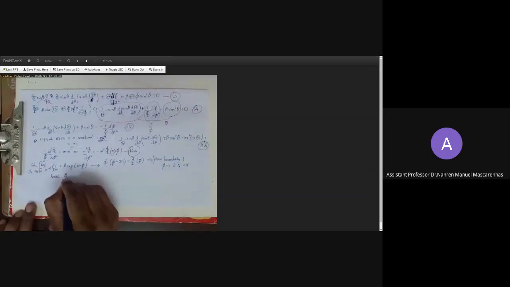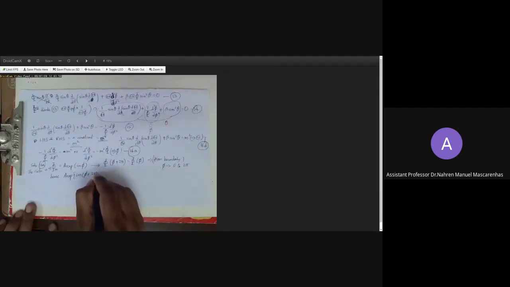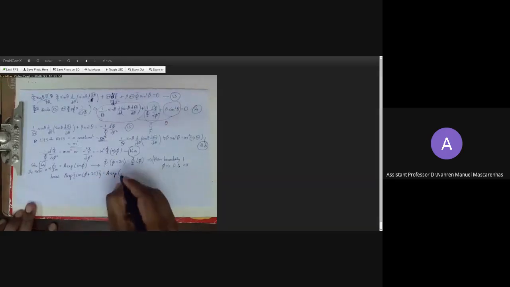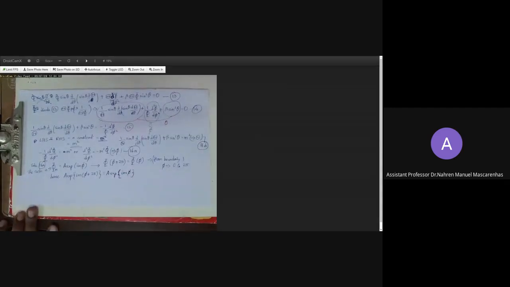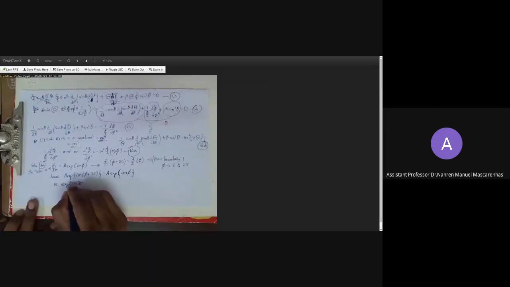we have A exponential i m (psi plus 2 pi) equal to A exponential i m psi, or we can say exponential i m 2 pi equal to 1.